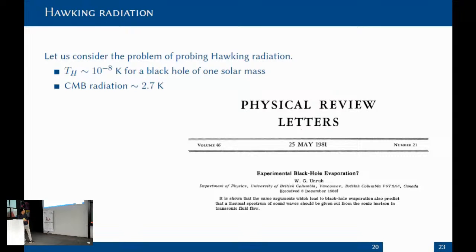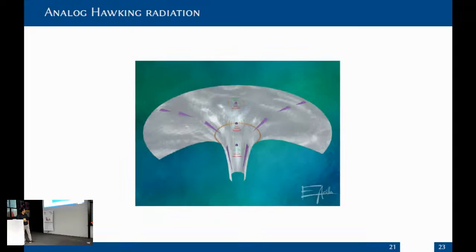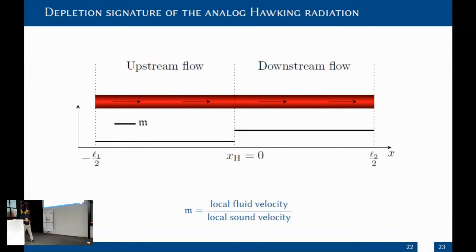And then Unruh came and revived this very old idea of, okay, let's do that in the laboratory. The idea is we have a flowing fluid, and we have a notion of an effective event horizon which separates a supersonic from a subsonic region.